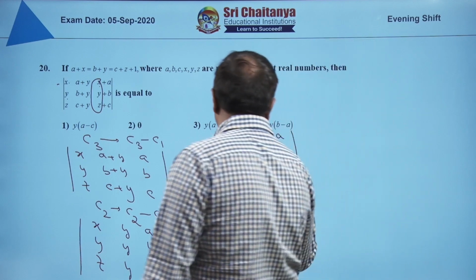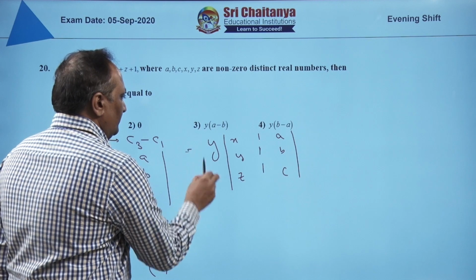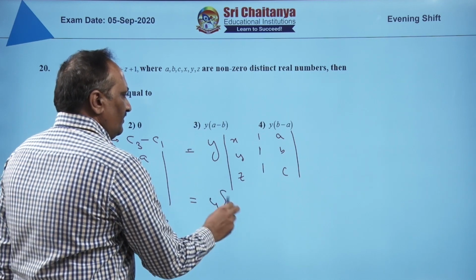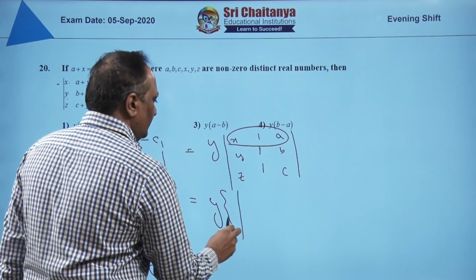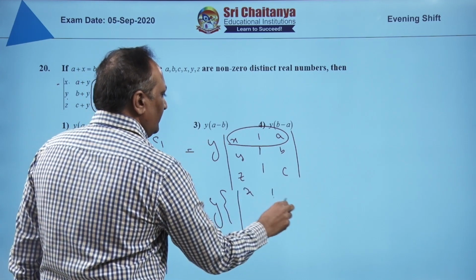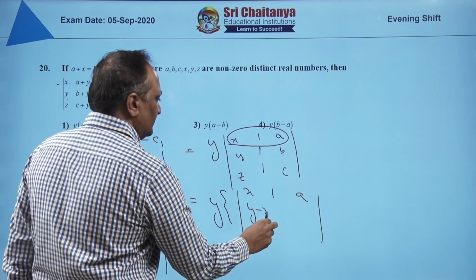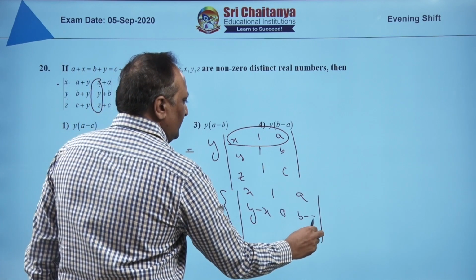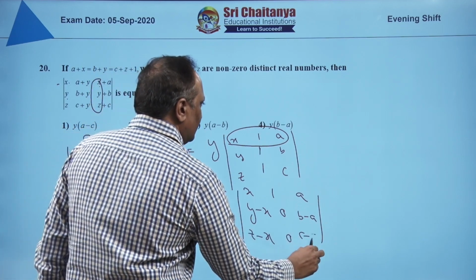Expand the determinant or write the properties for this determinant now. That is nothing but y into, by keeping the first row fixed, write the determinant as x, 1, a, R2 is R2 minus R1, y minus x, 0, b minus a, z minus x, 0, c minus a.